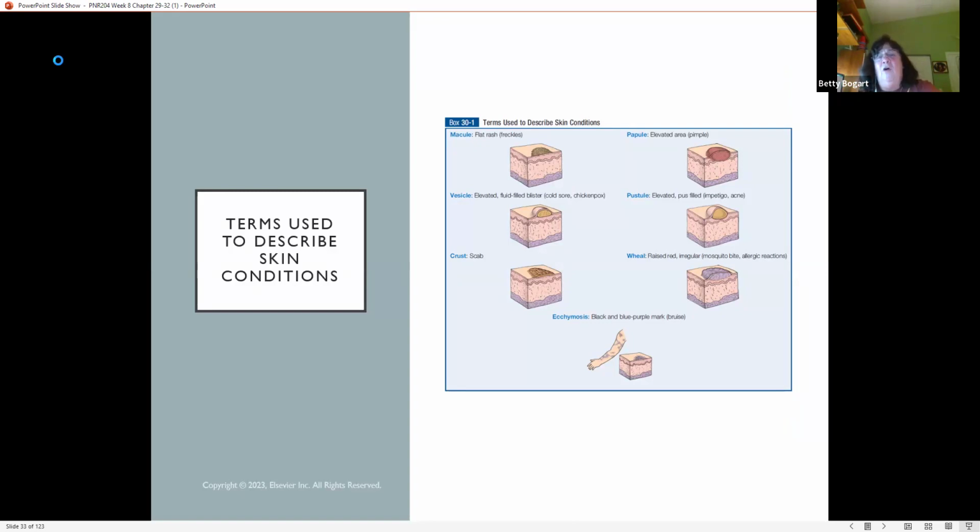So there are all different types of words, the vocabulary for this. We have a macule, it's a flat rash, like a freckle. We have a vesicle, it's elevated and fluid filled. That's either like your cold sore on your lip or chicken pox. Crust is just a scab on it.